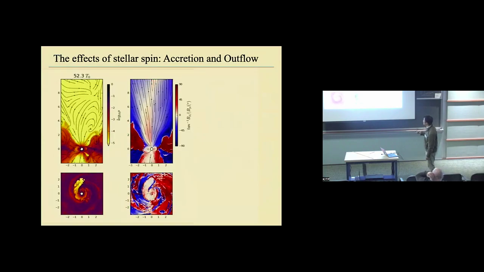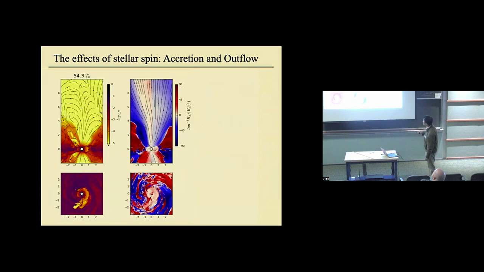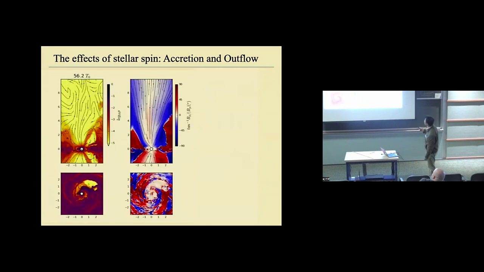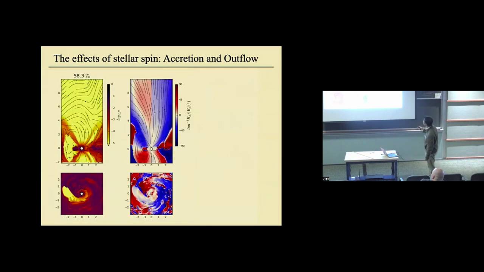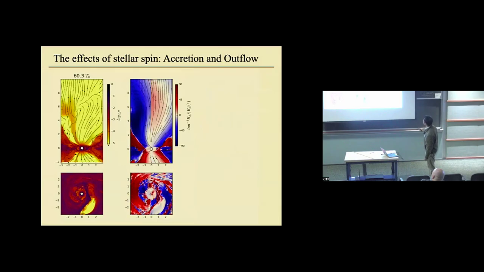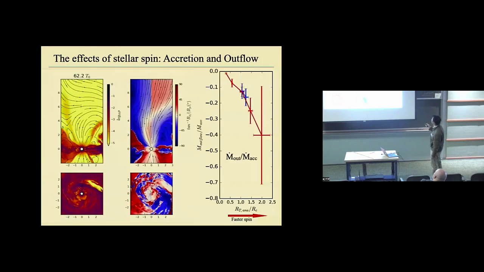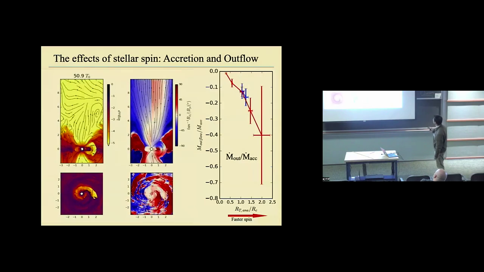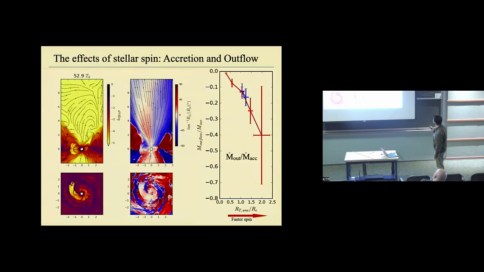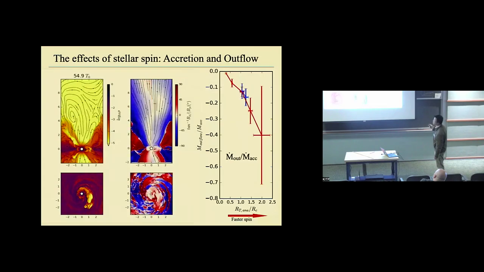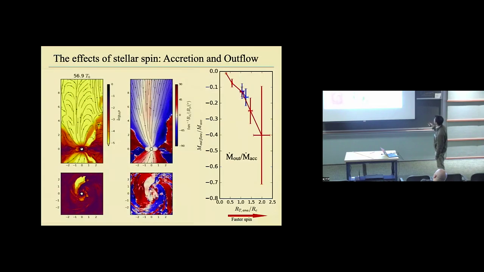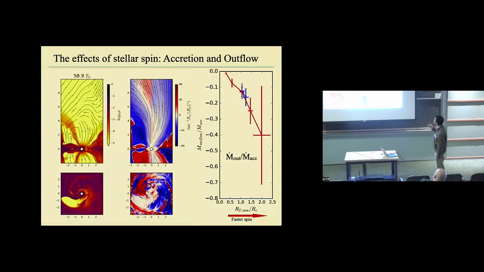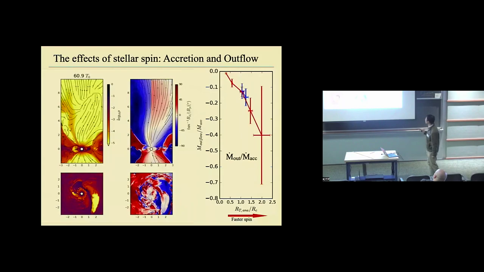You can see that these bubbles, when moving around the star, twist the field lines, and you have magnetic reconnection happening here. If we compare the outflow rate with the accretion rate, you can see that when the star rotates faster, you have a much stronger outflow. During the equilibrium spin state, which I'll talk about later, the outflow rate is around 10%.